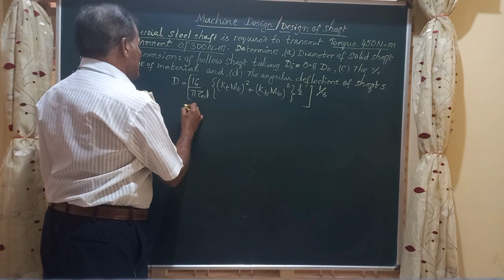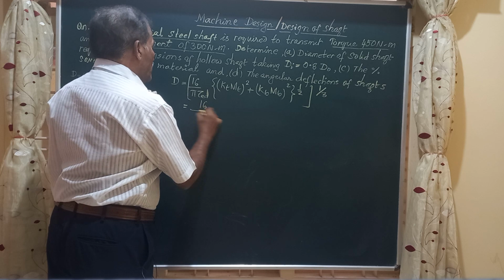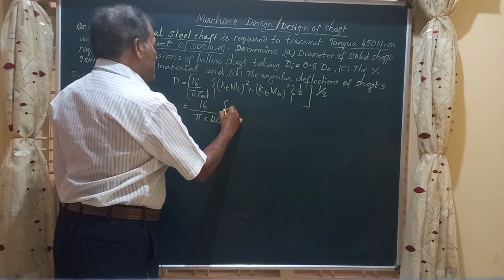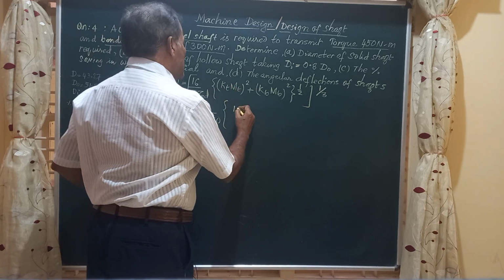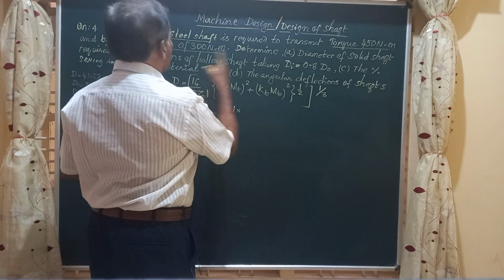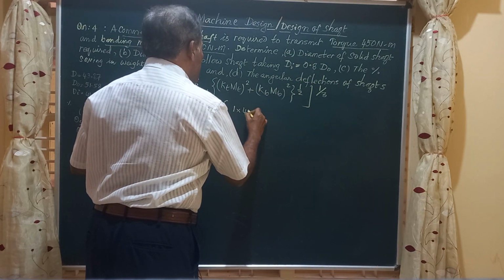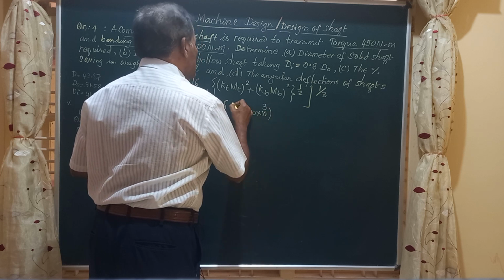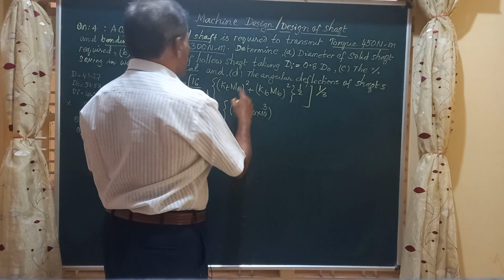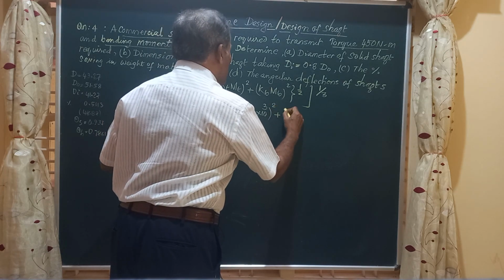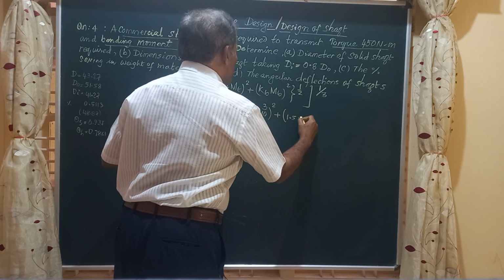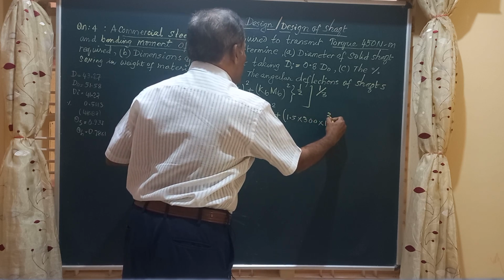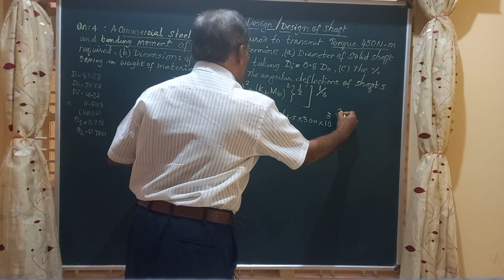So this is equal to 16 over pi into tau_d is 40. Then we have this K_t 1, M_t is equal to 450 into 10 to the power of 3, K_t M_t whole square plus K_b is 1.5 into 300 into 10 to the power 3 is the value of M_b, that to the power 2.